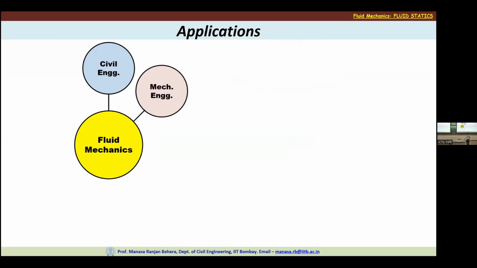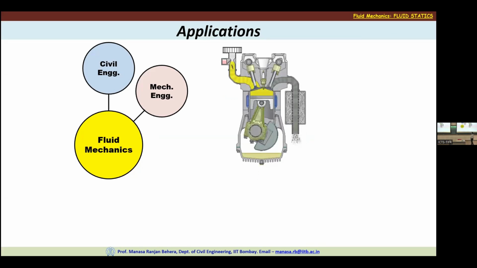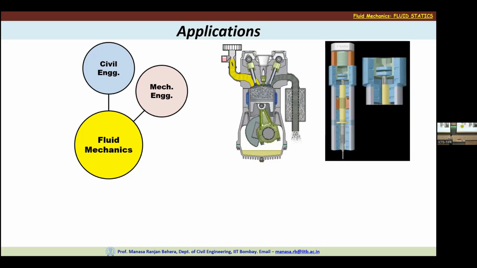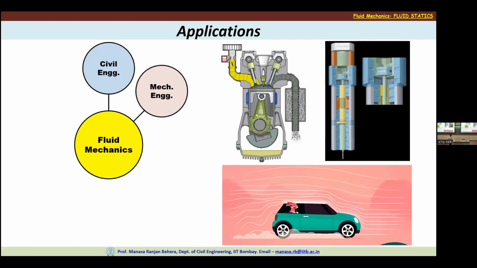Now let's quickly move. If I talk about mechanical engineering, you have all this. What is that? I forgot the combustion process. That also is going to be there. You talk about any mechanical lubrication and any system that is there.